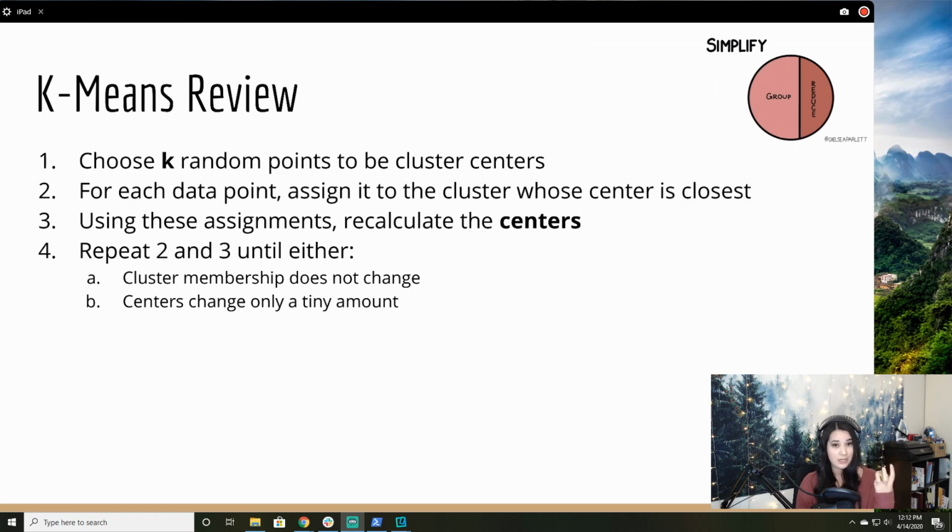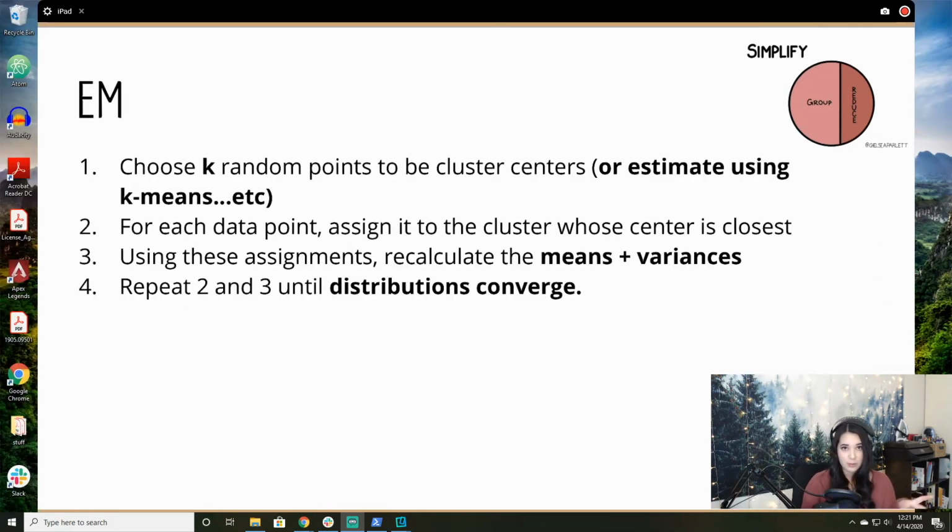So basically every data point in that cluster had a little bit of a say in what the new cluster center was. Then once we moved our centers, we would recalculate what points were in each cluster, and then we would recalculate the centers and then reassign the points and then recalculate centers, etc., until things converged. And so I want to draw attention to this process because the expectation maximization process is actually really similar.